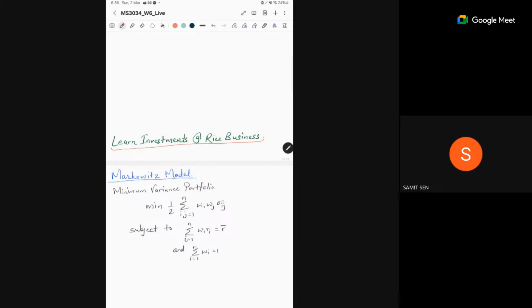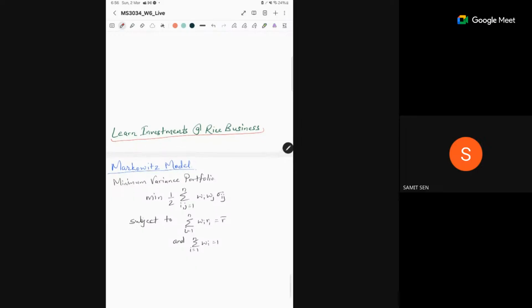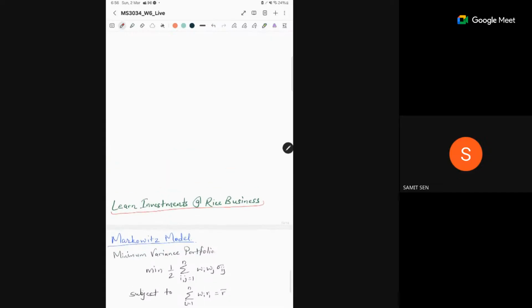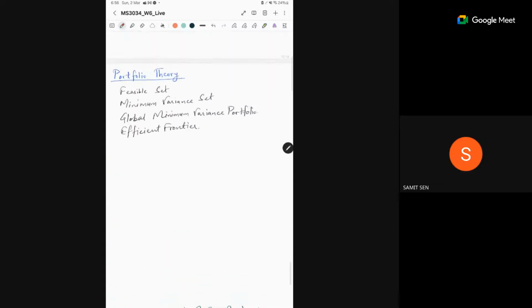We will go through it extensively, and we will do a simple example using Excel or any other spreadsheet. I would be doing it on Excel, where we will take any 3 or 5 assets and go through this portfolio theory.